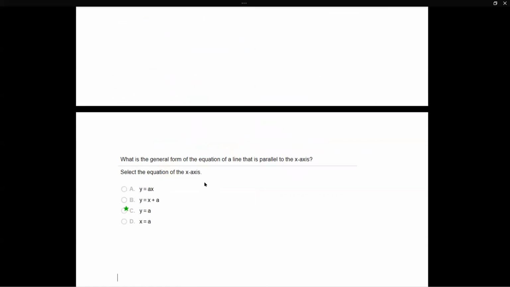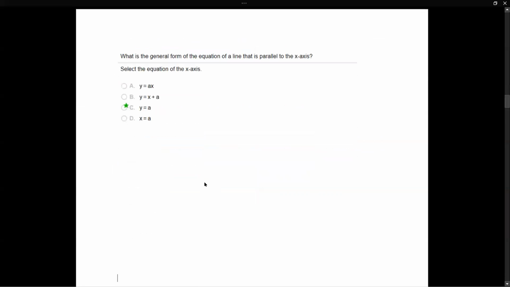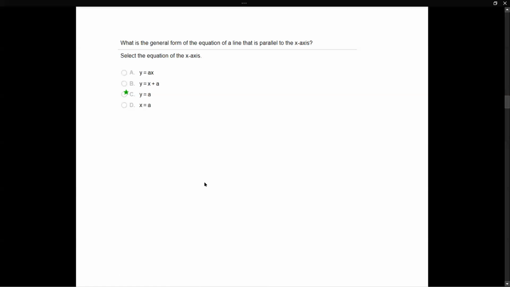And similarly, if you have y equal, then you have a y-intercept and you don't have an x-intercept. So what is the general form of the equation of the line that is parallel to the x-axis, which is the one I just mentioned, y equal a.